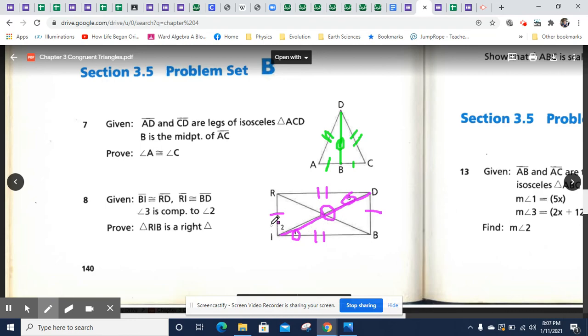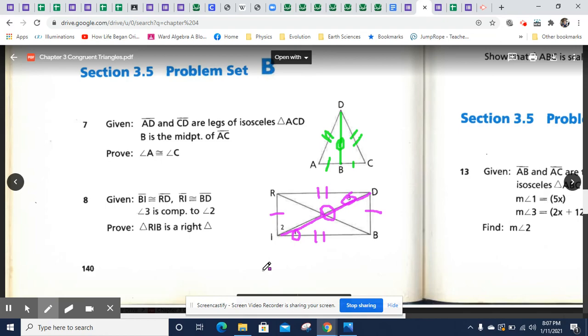And I've also created a side, side, side, which allows me to prove that RID and BDI are congruent triangles by side, side, side.